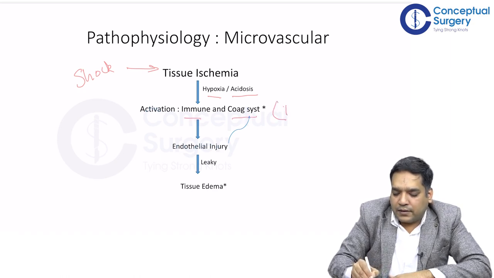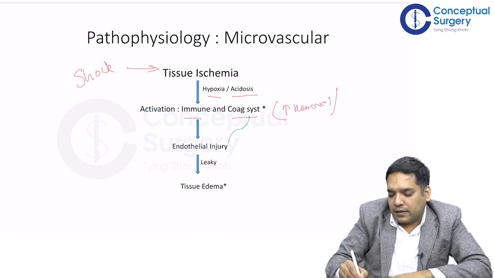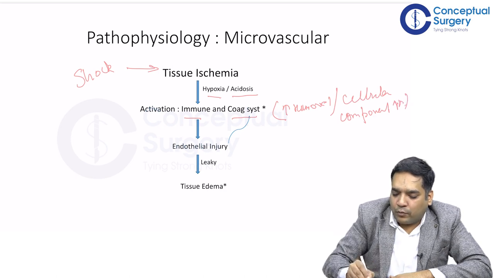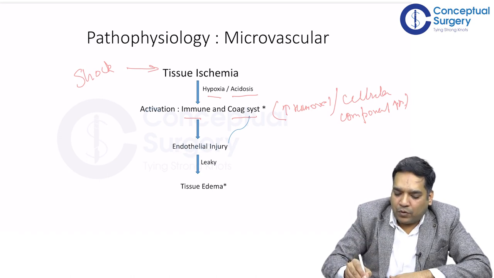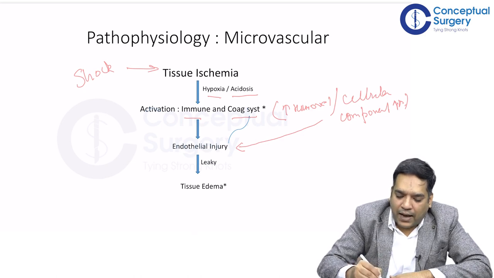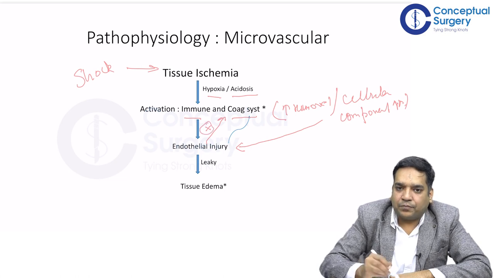The humoral and cellular components get built up in the tissue. These humoral and cellular components of the immune and coagulation system lead to endothelial injury. Endothelial injury further activates the immune and coagulation system again. So this is a vicious cycle.